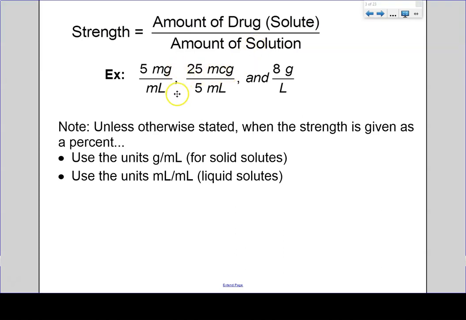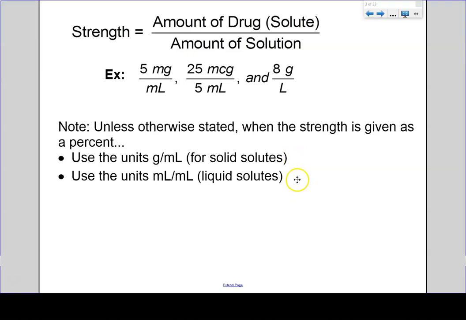Now, the units that you will see are typically some kind of grams. It could be milligrams or micrograms, or just regular grams over some type of volume. Typical volumes would be milliliters or liters. For the problems that we're doing, we're going to deal with two types of strengths. If they're dissolving something solid, say salt, then they're going to use the units grams over milliliter.